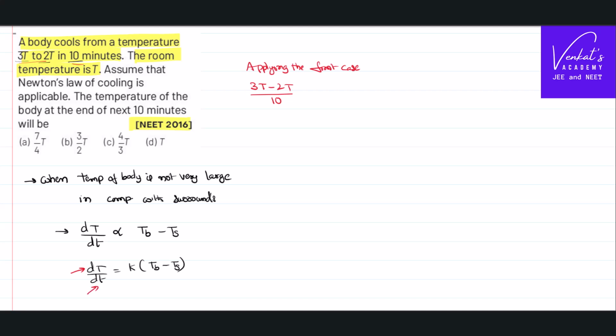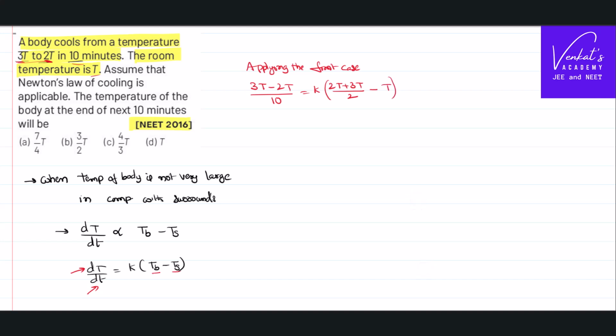The constant, I don't know, but that will never cancel. The temperature of the body is initially 3T, then it is 2T. You cannot take any one value, so we take the average of those two, minus the temperature of the surroundings, which is given as T itself.